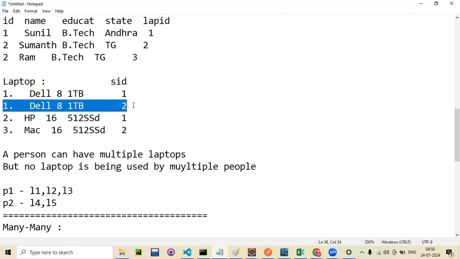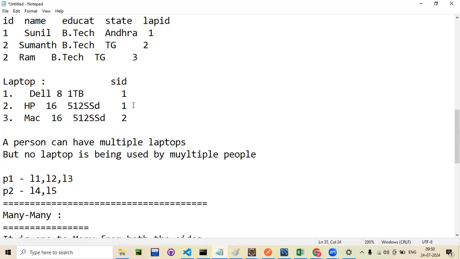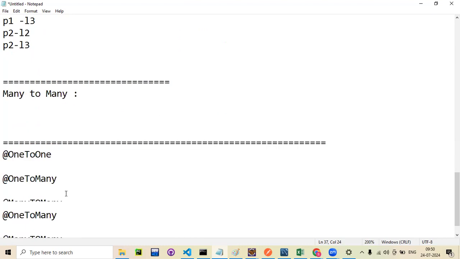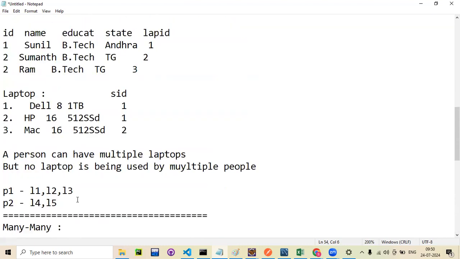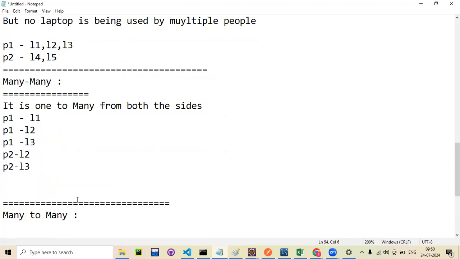You're not allowed to add at the laptop level, and not allowed to add at the student level. Then what is the way to resolve this issue? You can't add a student ID in the laptop, and you can't add a laptop ID in the student, because in both cases the redundancy problem will occur.